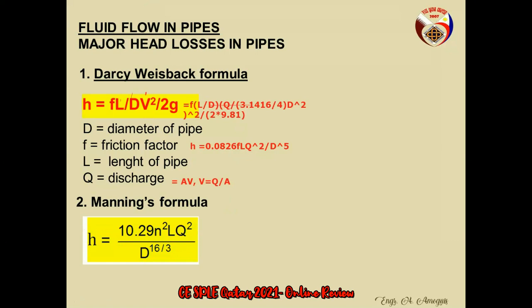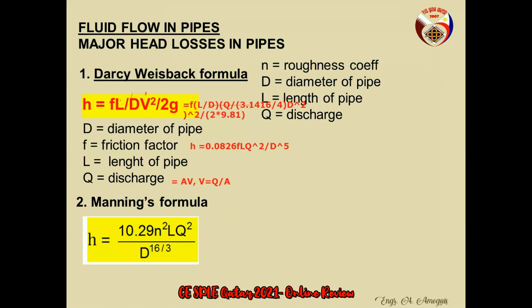N is the roughness coefficient, D is the diameter of pipe, and L is the length of pipe.